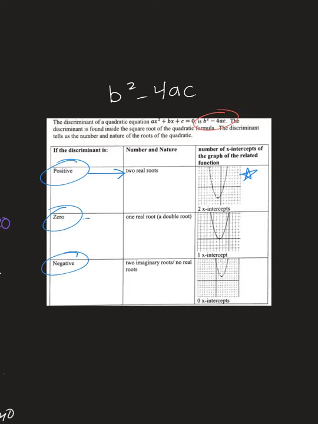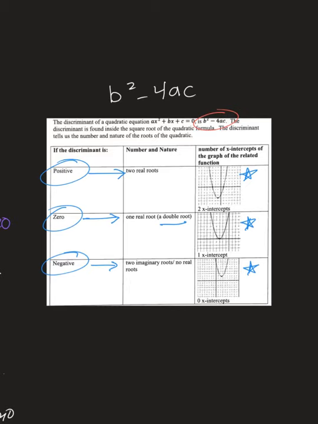If our discriminant comes out and it's 0, that means it's one real root, and that's called a double root. And a visual looks like this. And then if it's a negative number, that means we have two imaginary roots. So there's no real roots, and our graph looks like this, and it's not touching the x-axis.